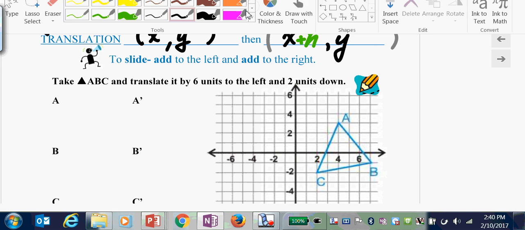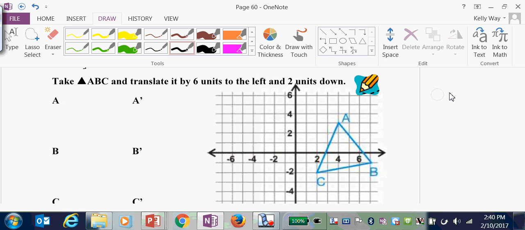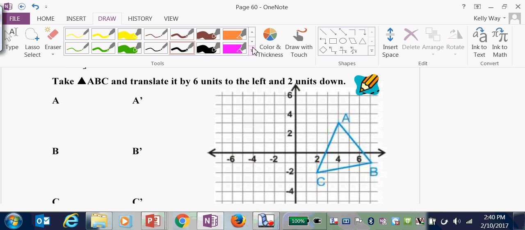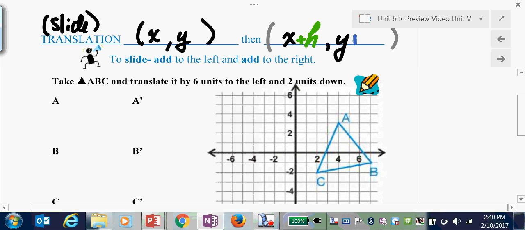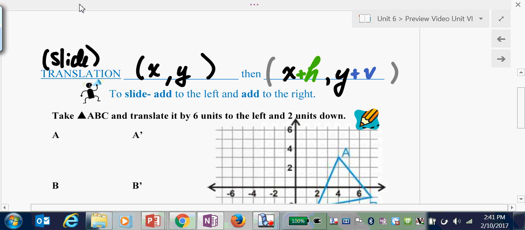You take your y coordinate and you add your vertical component. So the easy way to remember this is to slide. Add to the left, add to the right.